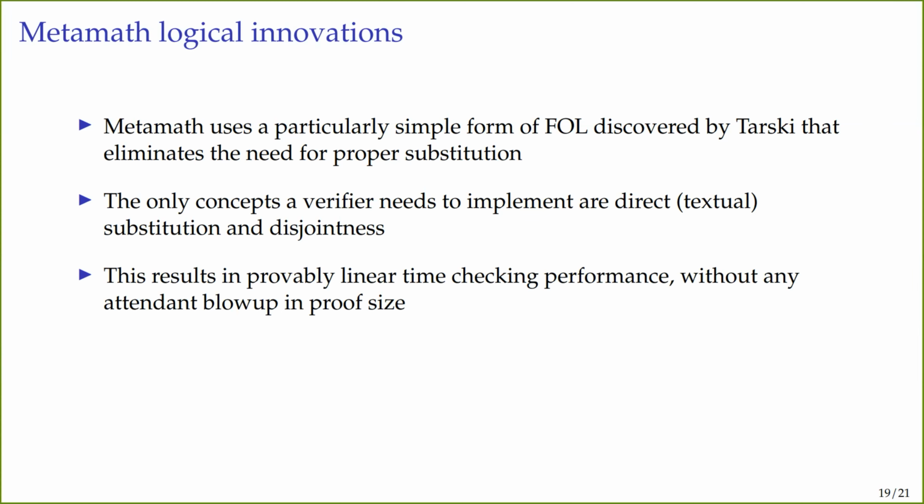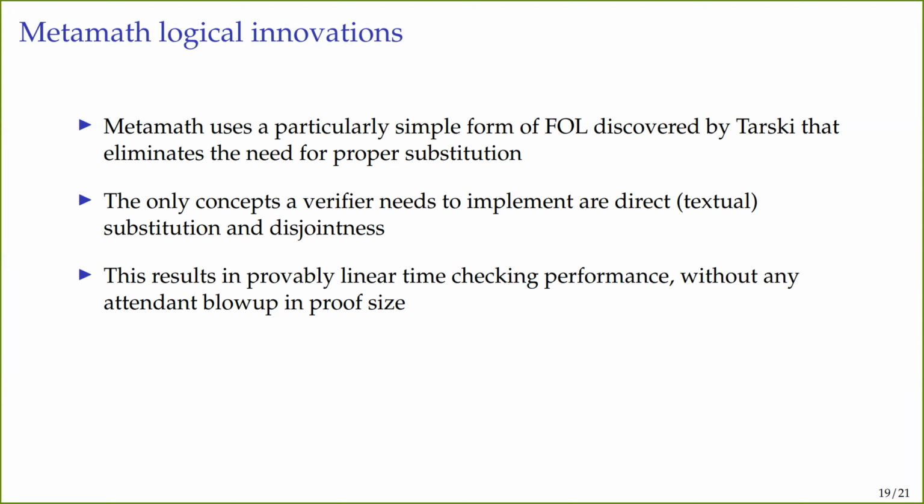And this isn't like, oh, we make it linear time by making the proofs exponentially longer or anything like that. No, the proofs are comparable in size to, let's say, a Lean proof object, but they are linear time to check.